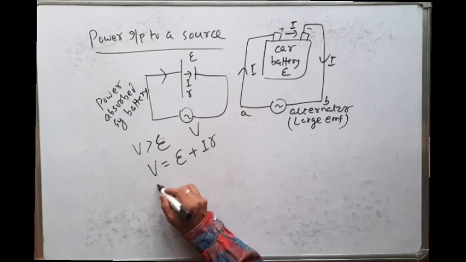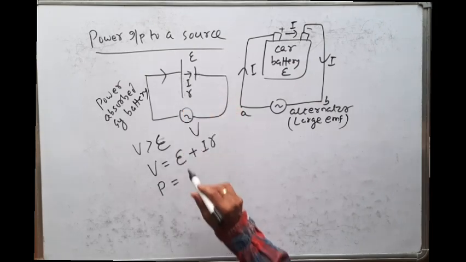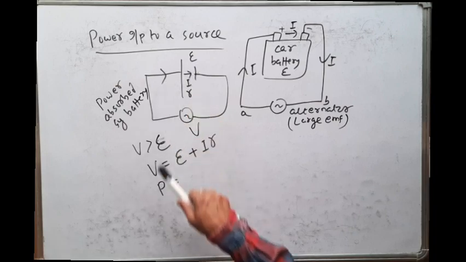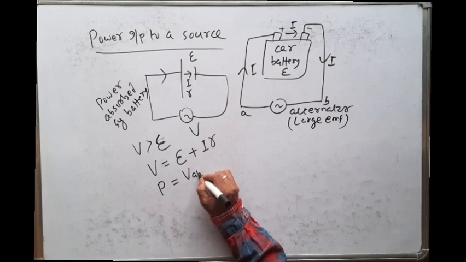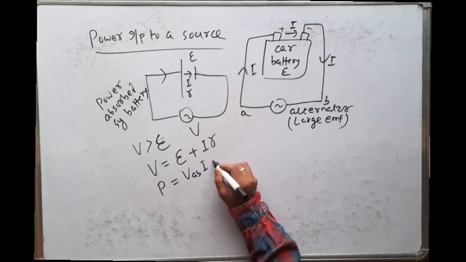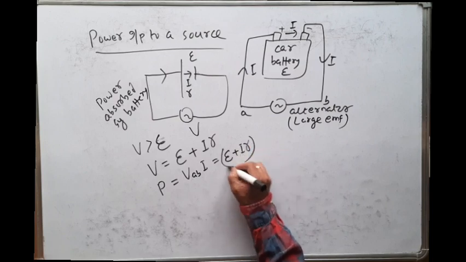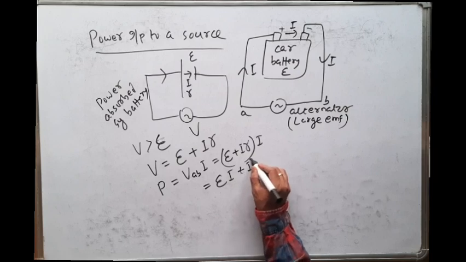Then what is the power absorbed by this battery? The rate of energy absorbed by the battery is called power. So power is the terminal potential difference into I. VAB is E plus IR, into I, so that is equal to EI plus I square R.